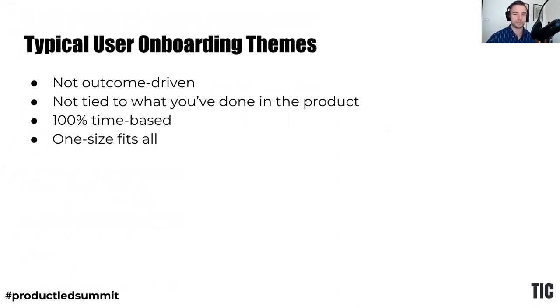And so what I mean by that is as soon as someone signs up for your product, are you taking them for the tour of the world where you're showing them all the features and all the amazing things you can do in your product? Or are you showing them how they can get to a specific outcome or quick win in the product? And so that's what I mean about not being outcome driven. And I would argue a lot of businesses are just not outcome driven.